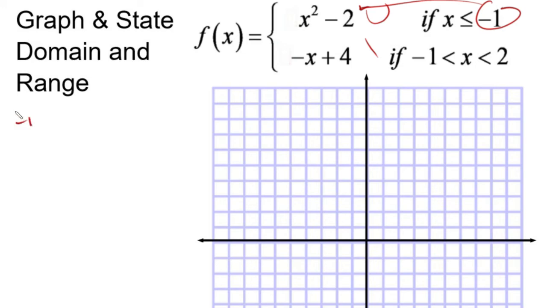So you'd have -1 squared plus 2, which is 1 plus 2, which is 3. So at -1, we are at 3. And this is an equal to, so there would be a closed circle there. So I'll use the red for this. At -1, 3, closed circle.